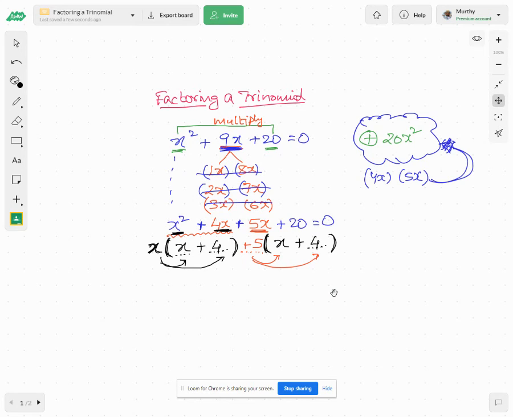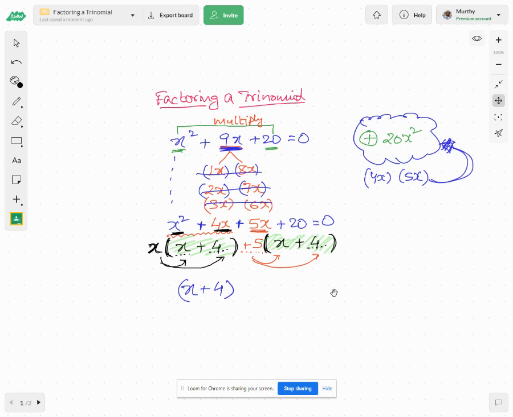Now, do you see something same in both the terms, that is x plus 4 and x plus 4? You see that x plus 4 is the same, right? So let me take it as common, which is x plus 4. If I take x plus 4, then what are the leftover values?